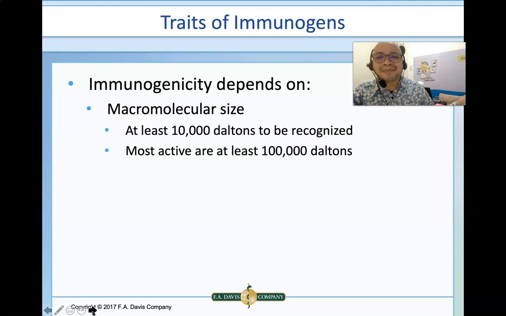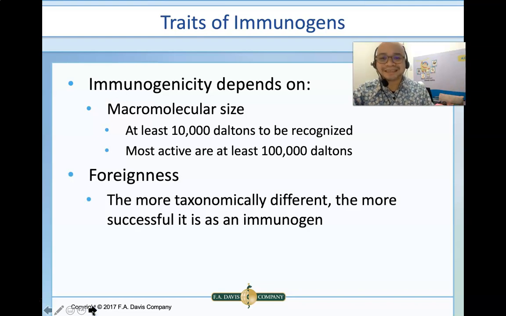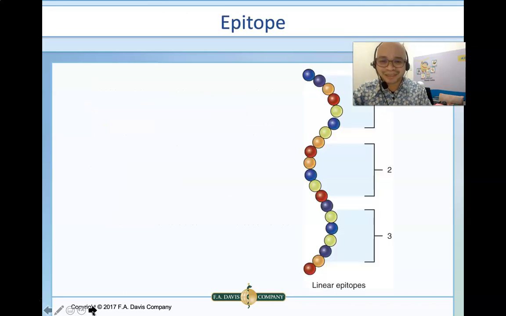So any molecule that is less than 10,000 Daltons is not considered to be an antigen, so it is called hapten. Okay, foreignness. The more taxonomically different it is, the more successful it is as an immunogen.